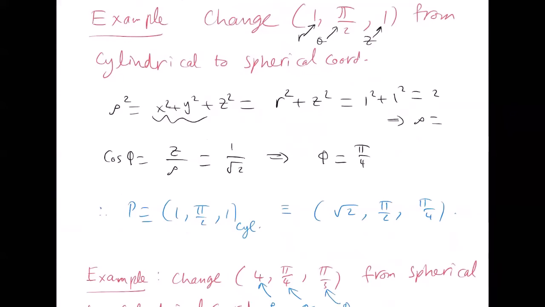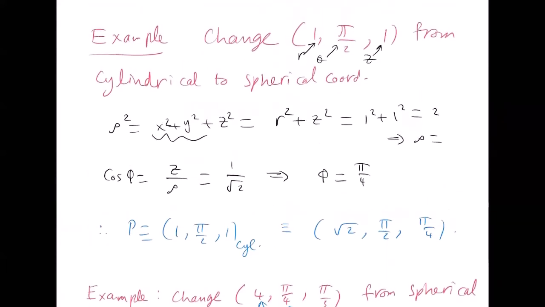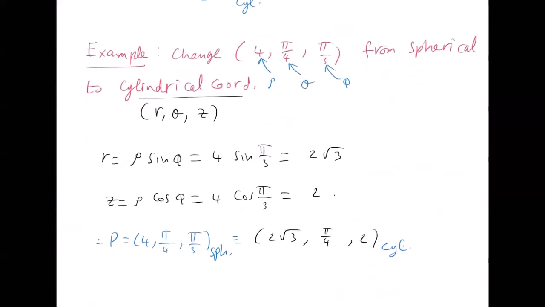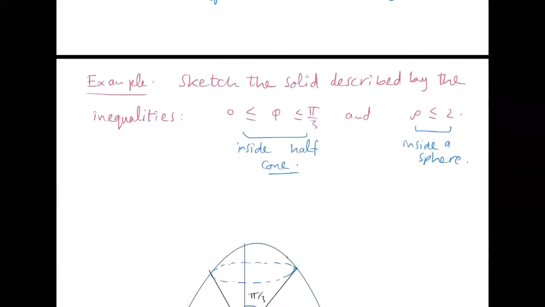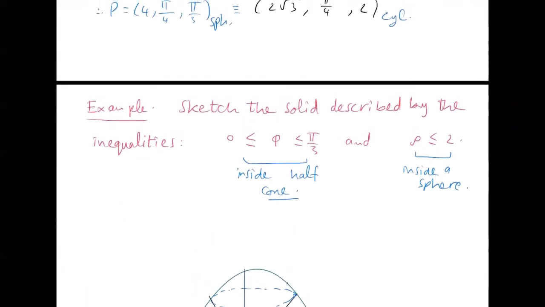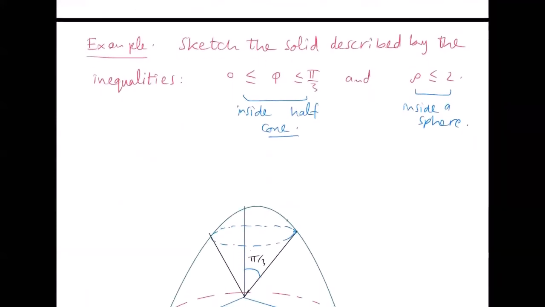I leave the rest of these transformations. This is easy. You can do it yourself to change from spherical to cylindrical, from cylindrical to spherical. So let's go for sketching the regions described by given inequalities in the spherical coordinate system.